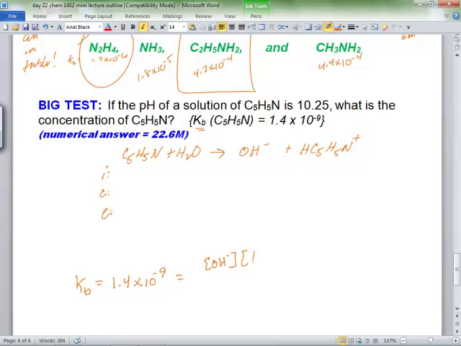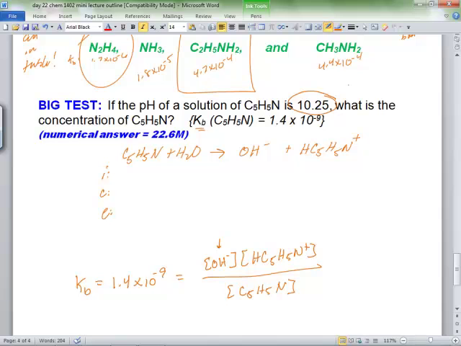And you probably don't need to write all this out, but okay. The reason why I wrote it out is because they told us you need the concentration of hydroxide. Well, you really know what it is.